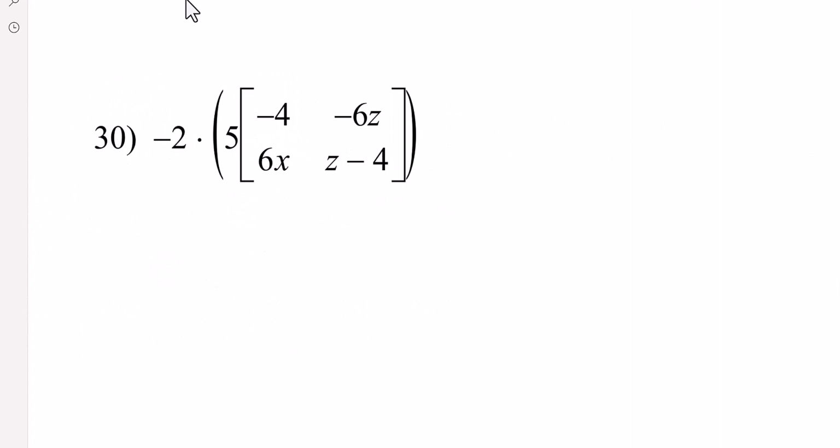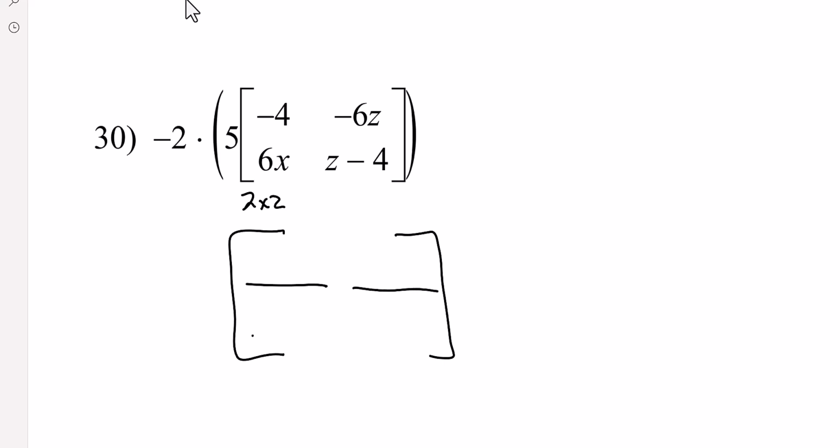This is a 2 by 2. So the answer, I'm going to make this a little bit bigger. And what I'm going to do is multiply negative 2 times 5, which is negative 10. I'll rewrite it down, it'll make it a little bit easier.